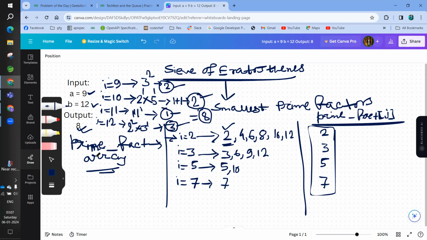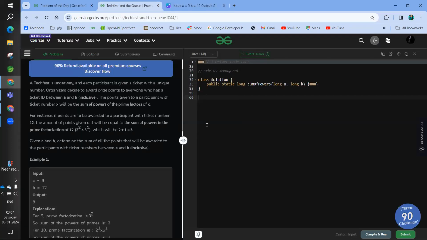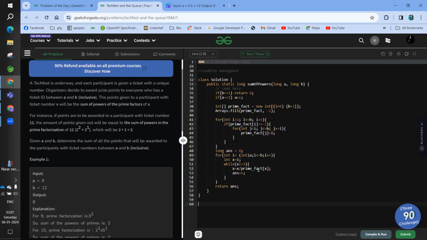I think you can understand how this process goes on. So we have done the solution. Mainly here we have calculated the prime factor array using the sieve of Eratosthenes.